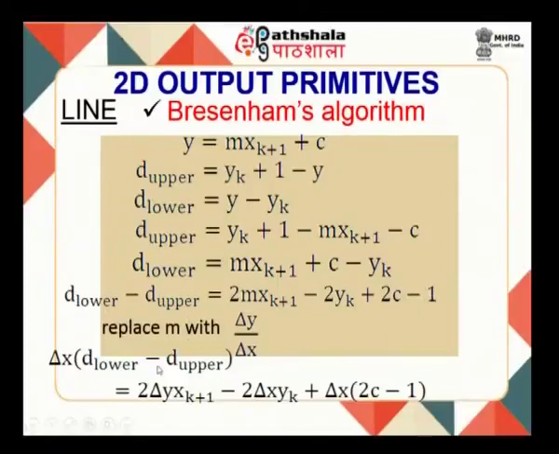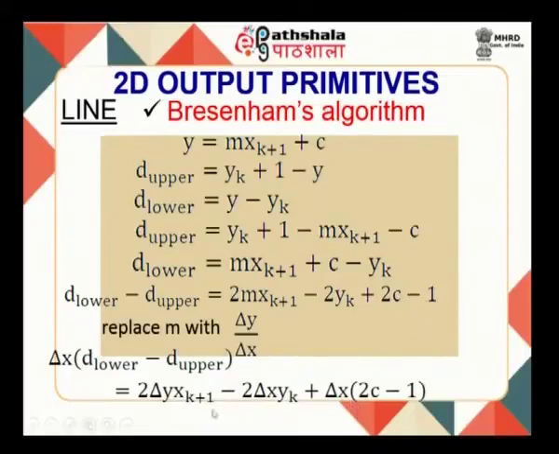If you look at this step, delta x is multiplied onto the left with delta x into d lower minus d upper, and is equal to delta y multiplied with the term 2 xk plus 1, minus, since delta x is to be multiplied on either side, 2 delta y xk plus 1 minus 2 delta x into yk plus delta x into 2 c minus 1.